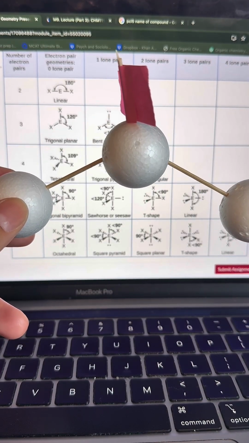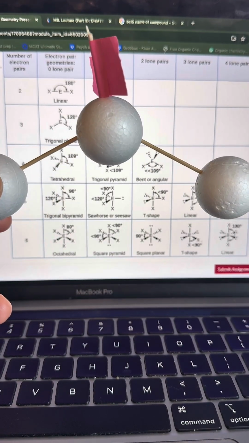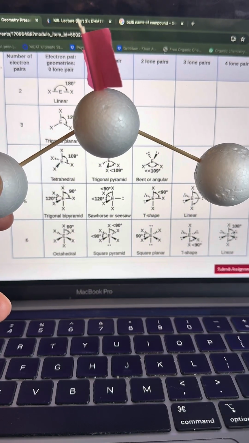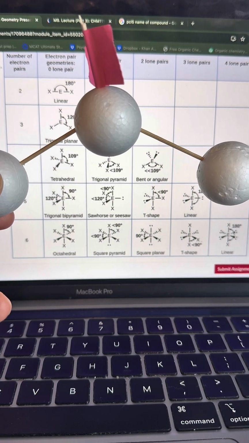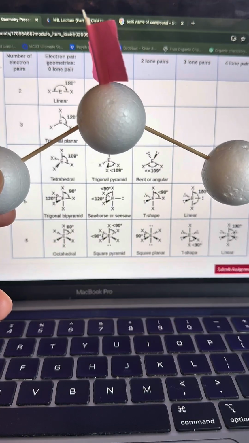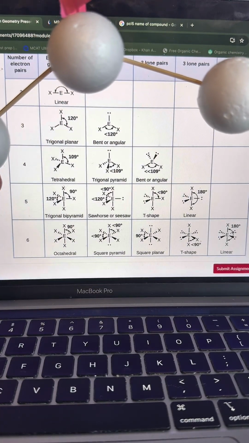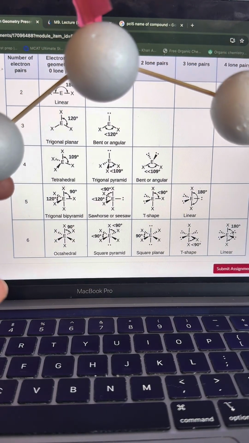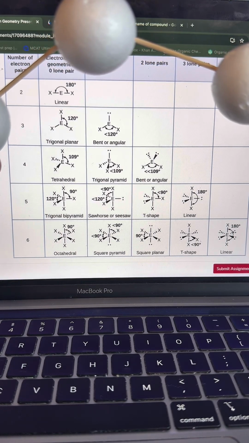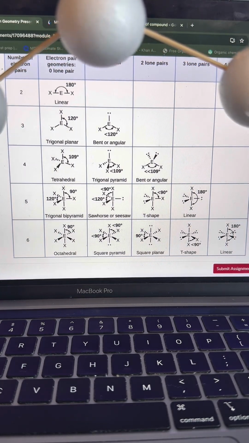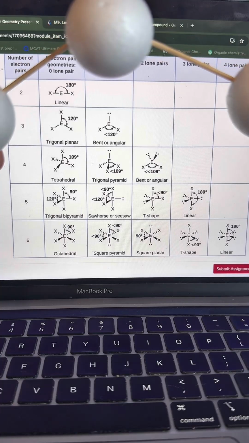A good example of this one is going to be H2O. Like I said, the electron domain geometry for this one is going to be tetrahedral, and the molecular geometry is going to be bent. The bond angle is going to be even less than trigonal pyramidal, so less than 109, or what I found was 104.5 degrees.